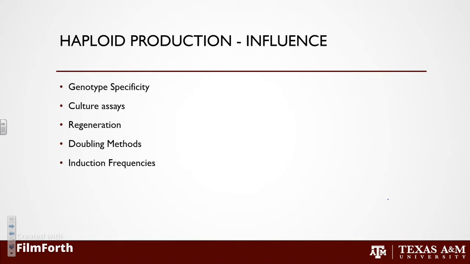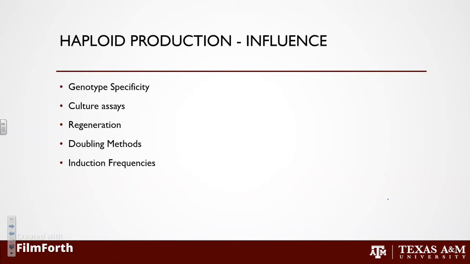Those are influenced by several different factors depending on the type of regeneration induction you're using. For example, almost all of them have some level of genotypic specificity that has to be overcome in order to be truly applicable across a crop species.